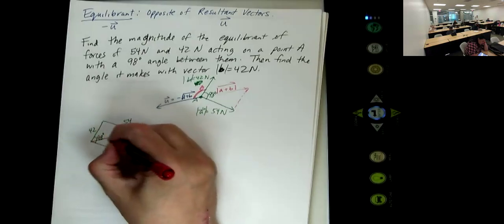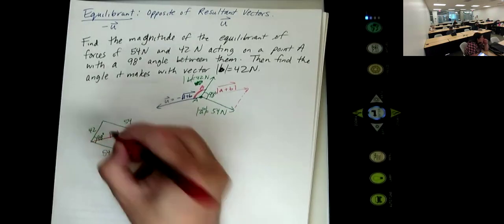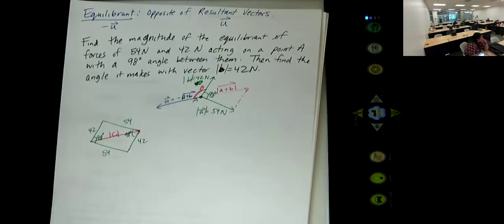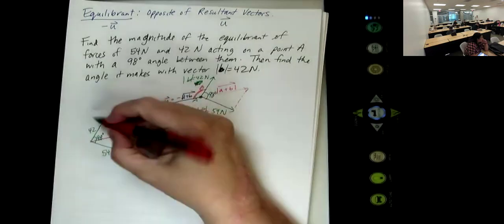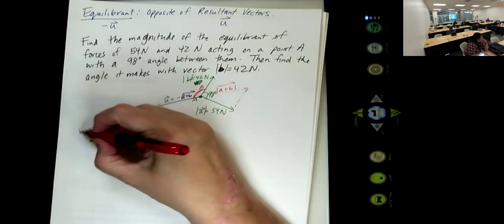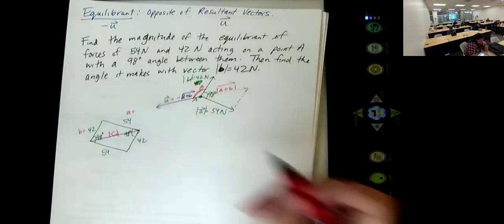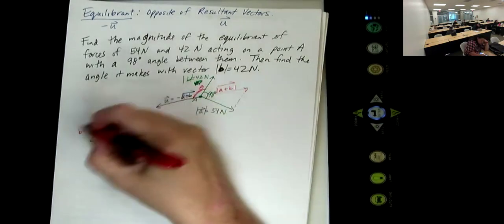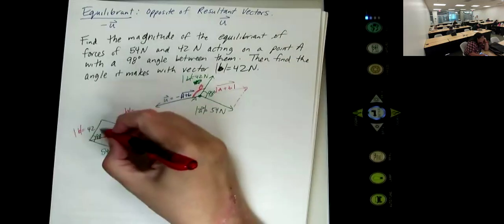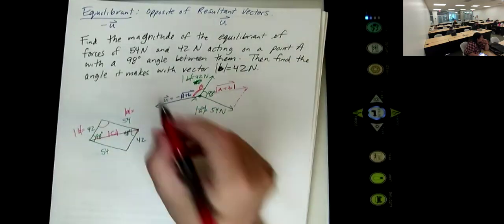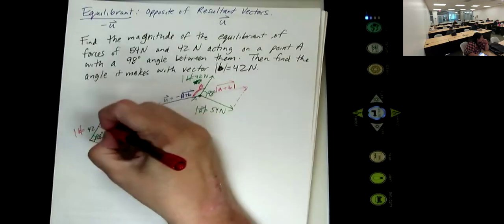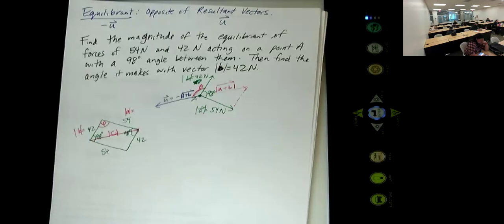We need this, which is C. I called this B and I called this A, which means we're gonna need the law of cosines again. I called that theta, so I'm going to call this a different one, psi. It's a fun angle, it's a Greek letter.